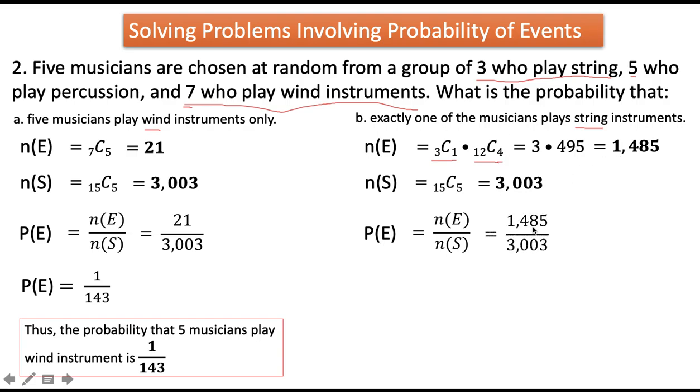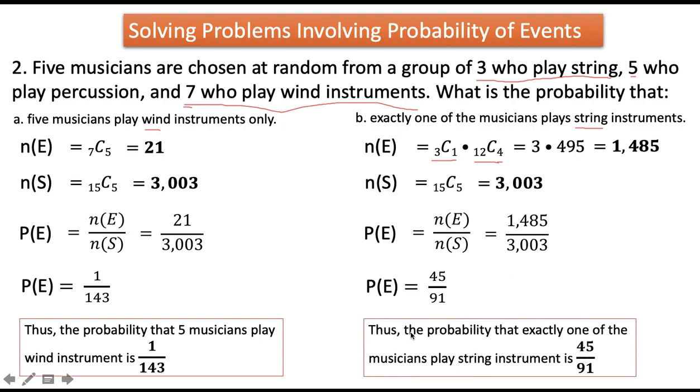So 1,485 divided by 3003. Then simplify. Since their GCF is 33, 1,485 divided by 33 is 45, and 3003 divided by 33 is 91. Thus, the probability that exactly one of the musicians plays string instrument is 45 out of 91.